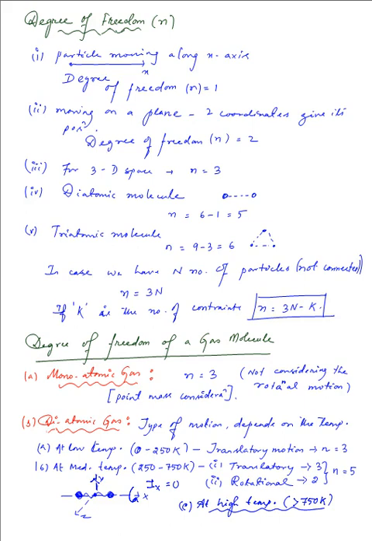Along that x-axis, the atoms tend to vibrate, sometimes coming closer to one another, and at other times moving away from one another. That's the kind of motion they execute, and that adds one further degree of freedom.